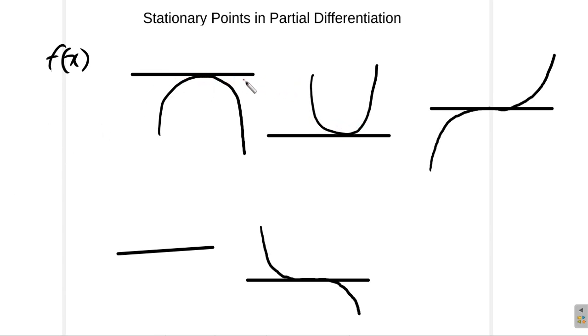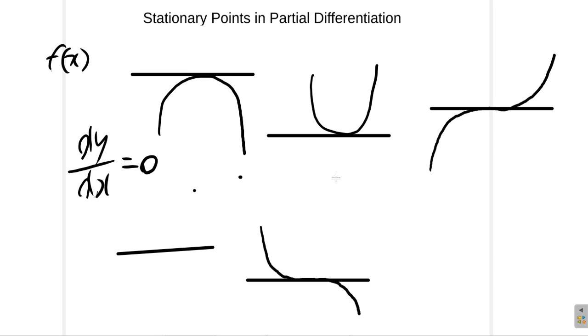So you remember that the gradient is 0, therefore the value of the gradient function dy by dx is equal to 0. So in order to find where the maximum or minimum point was, we differentiate once, equate to 0, and you are able to find the x and the y values where the maximum or the minimum point were located.